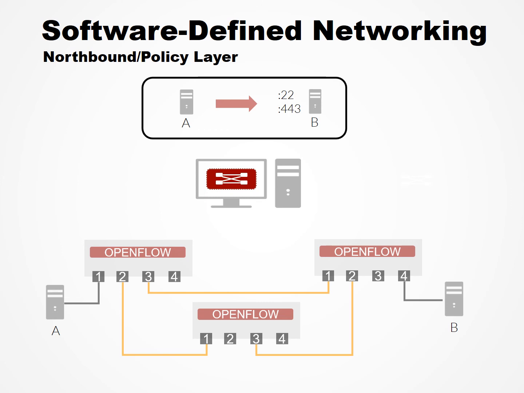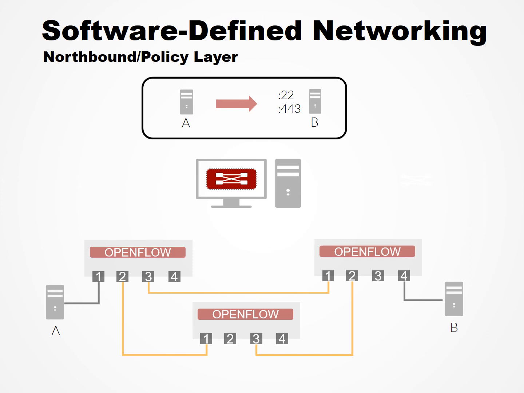So in this example here, we want to allow traffic between clients or servers A and B on specific ports 22 and 443, and we define this in this high level fashion, and this will depend on the specific northbound and the API implementations in the controller.